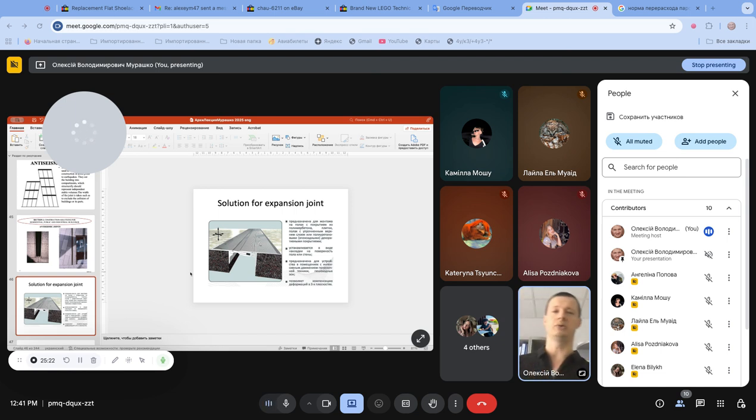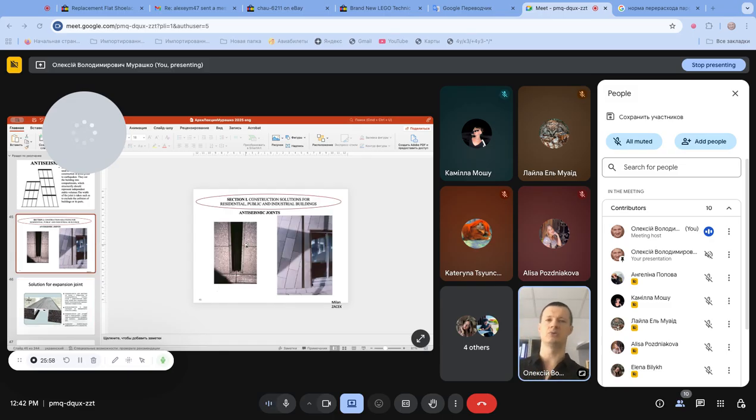They can be performed using this type of solution, which provides the ability to take up horizontal or vertical deformation. You can see if there is some horizontal deformation, the movement inside of this joint will go this way. If you get vertical deformation, it will lead to this kind of deformation, but we will not see a crack inside of it.